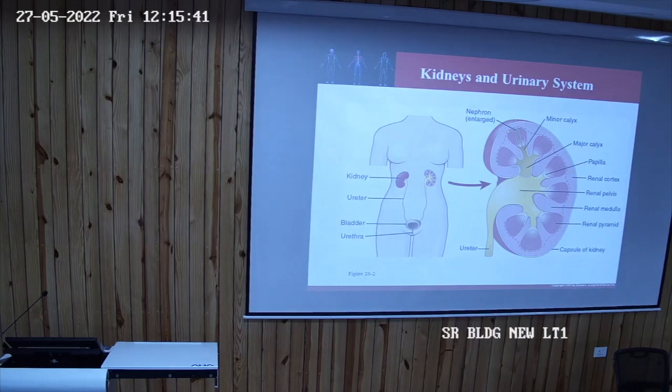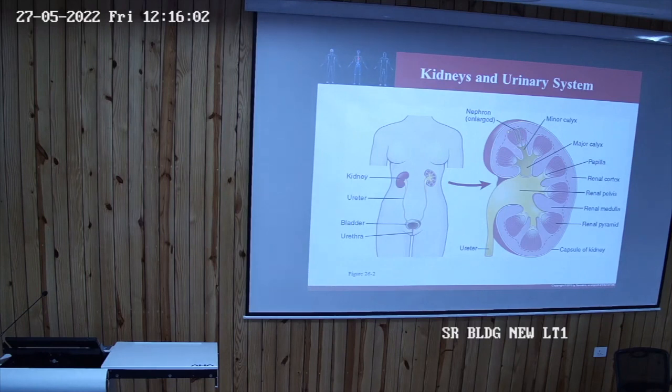Medulla. How does it appear? Pyramid shaped, with striations. These are the striations which are seen in the medullary region.